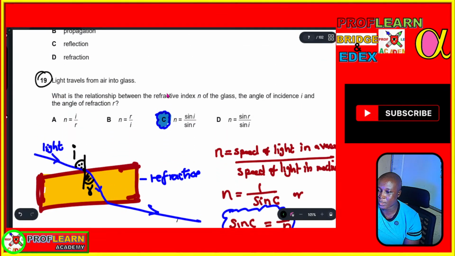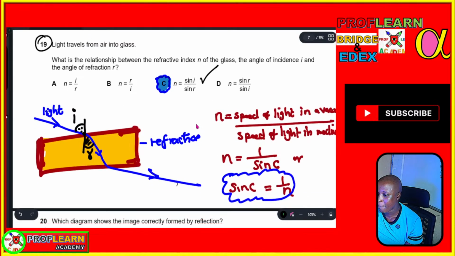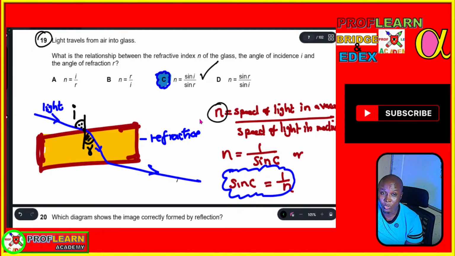What is the relationship between refractive index, n, of a glass, angle of incidence, and angle of refraction? That is going to be sine i over sine r, the correct answer. Refractive index also you need to remember, because we don't know which question will be asked in that exam. Refractive index can also be given as speed of light in a vacuum over speed of light in the medium or material.